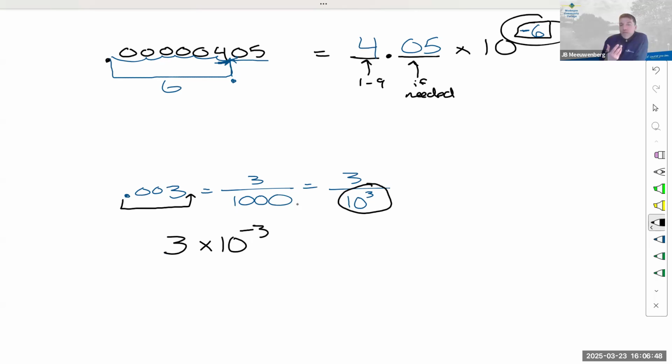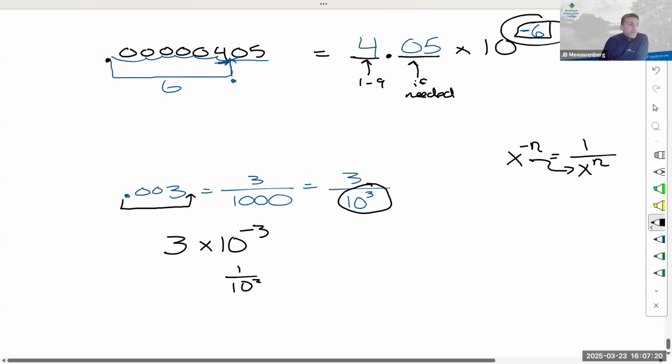Well, there's a property of negative exponents that says any number, we'll just call it x, to the negative exponent, I'll call it n, is equal to 1 over that number to the positive n. So negative exponents take the base and are really saying it belongs in the denominator. So 10 to the negative third is the same thing as 1 over 10 to the third.